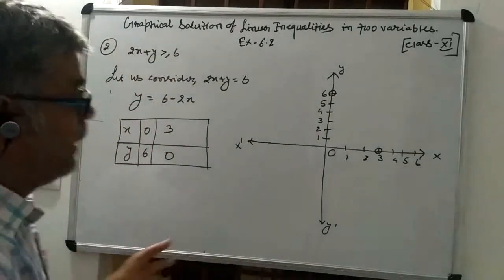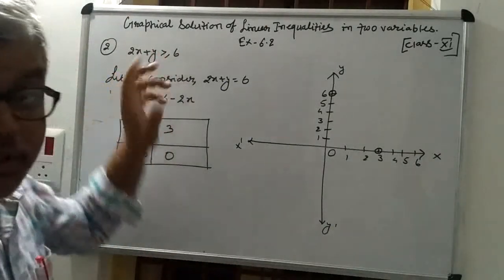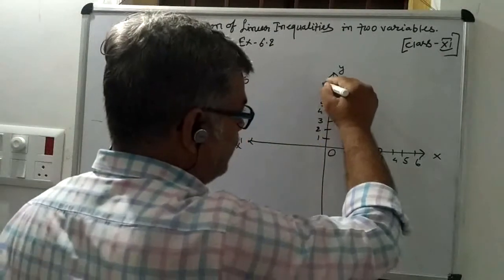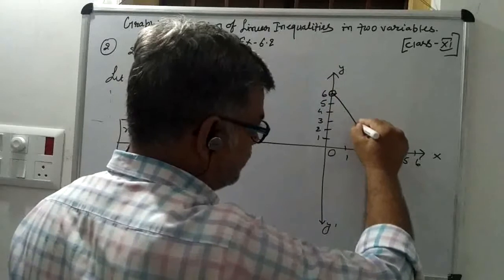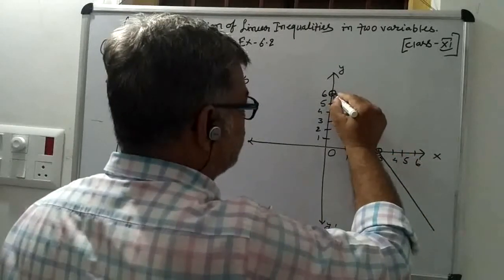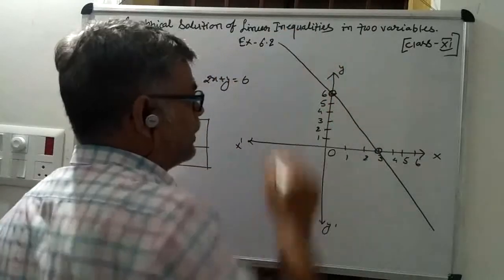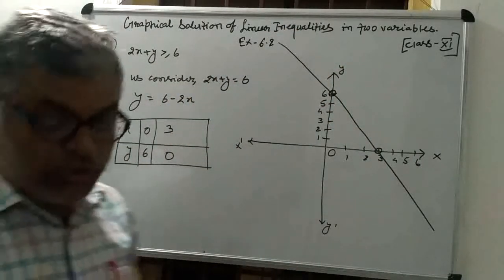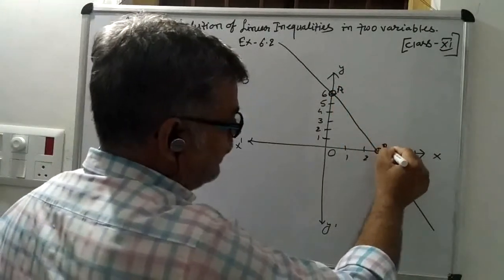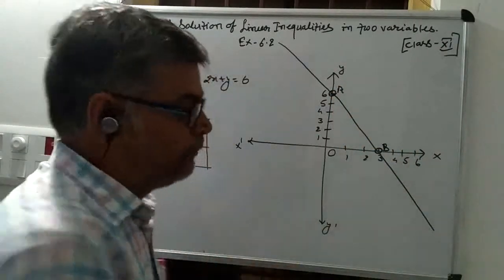Okay. Now children, as you see that this is not a strict inequality, so you join these by drawing a line. Suppose in this way. You may produce the line in both directions also. So again you see that this line AB divides the plane into two halves.